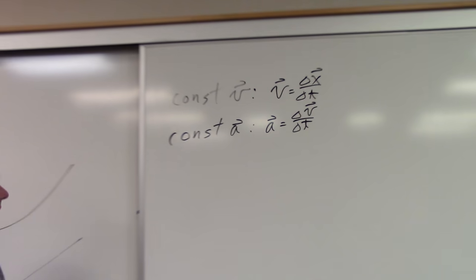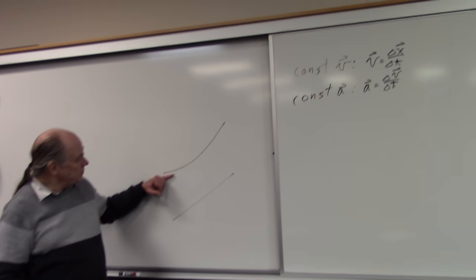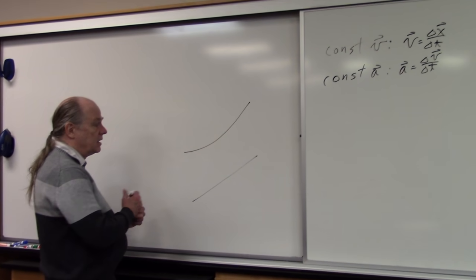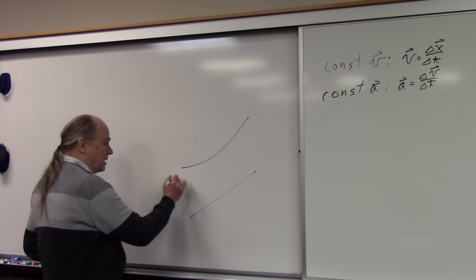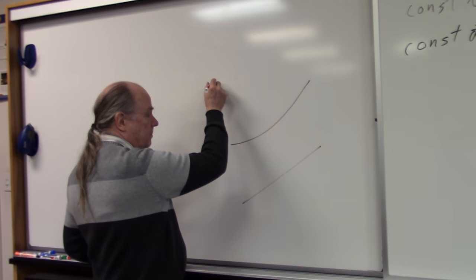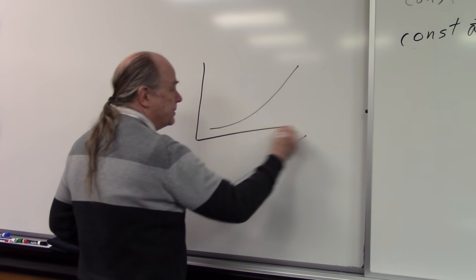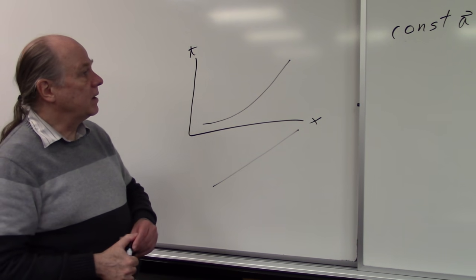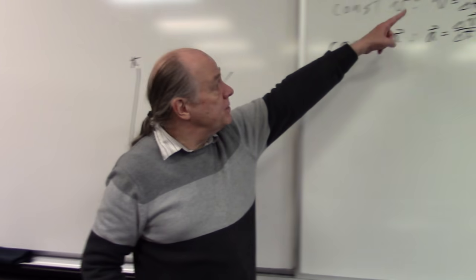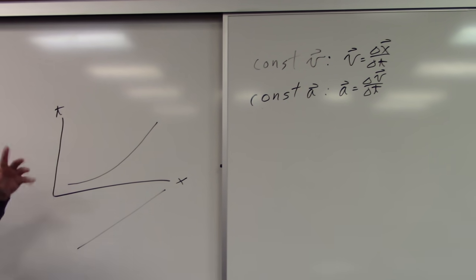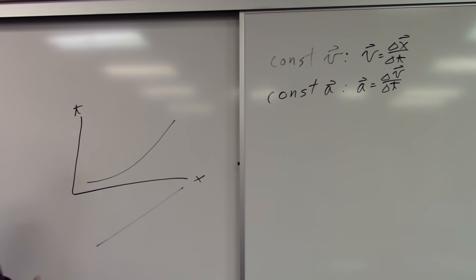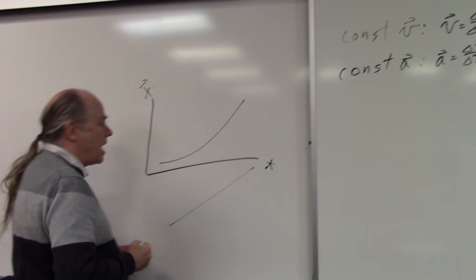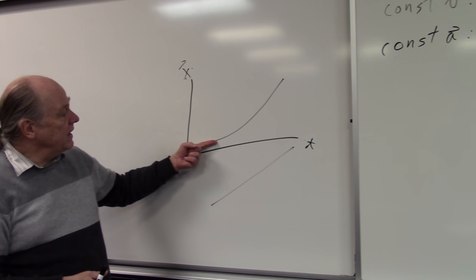And so again, if this is the position time graph, well, my velocity is change in position over time, so the velocity is the slope of the position time graph.